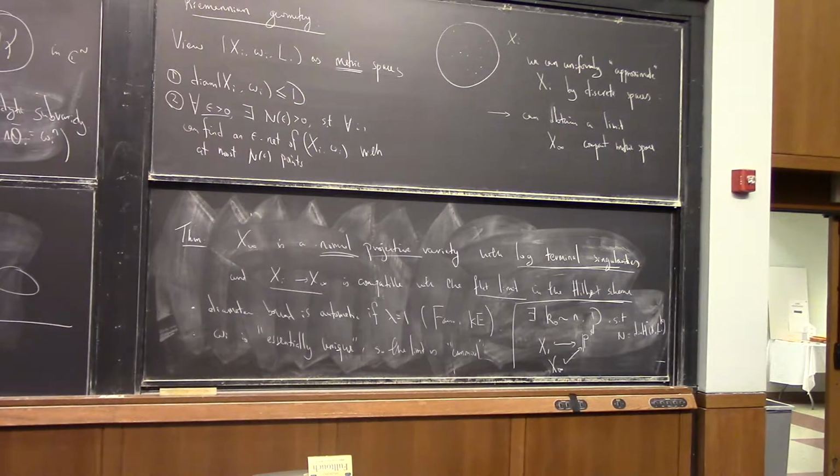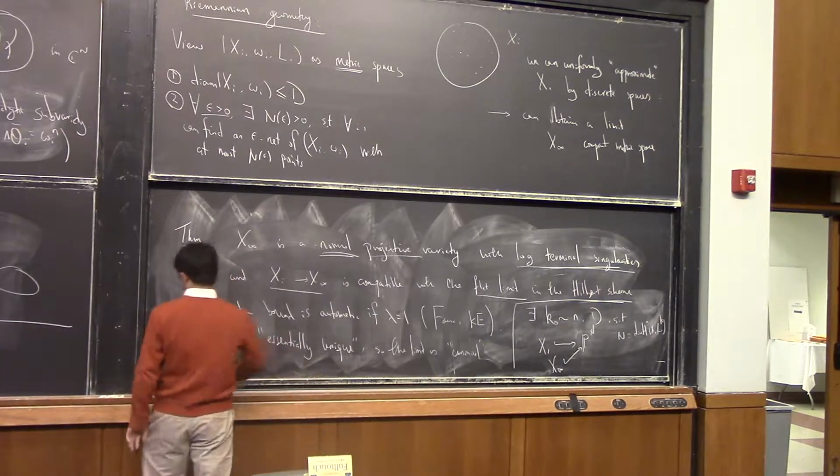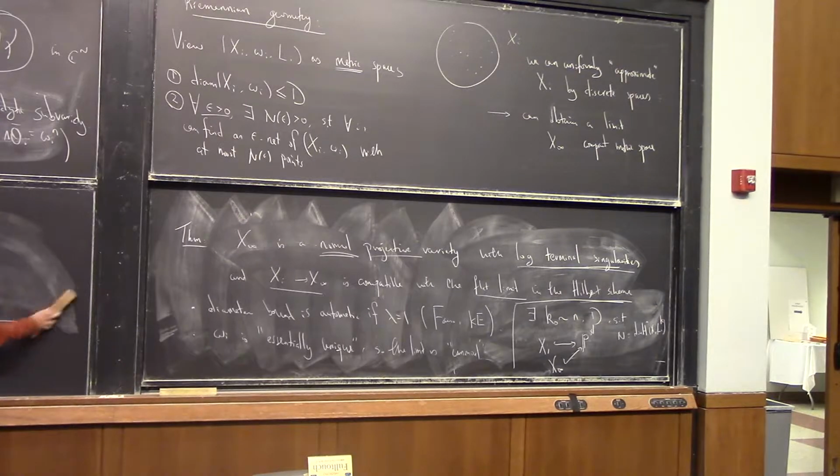This theory is particularly useful in the Fano case because the diameter bound is uniform, so the k only depends on the dimension n.